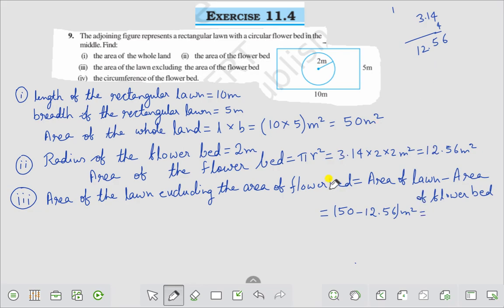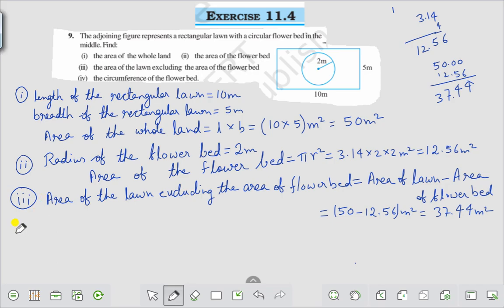You are getting 37.44 meter square, right? This is the area of the lawn excluding the area of the flower bed.